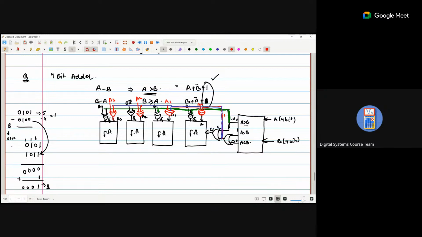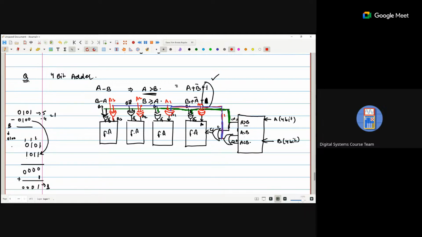So in one scenario, we have to convert B: take the 1's complement of B and then add 1. In the second case, we take the complement of A. So for both inputs we require an XOR gate. For B, we calculate B bar when A greater than B, so I connect the A greater than B pin to the second input of the XOR gate.